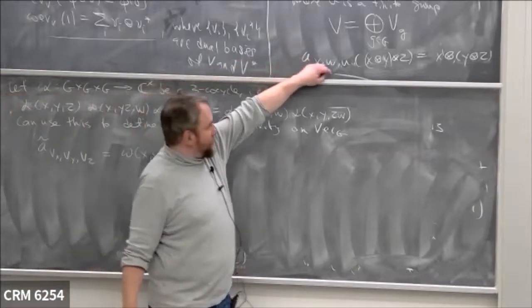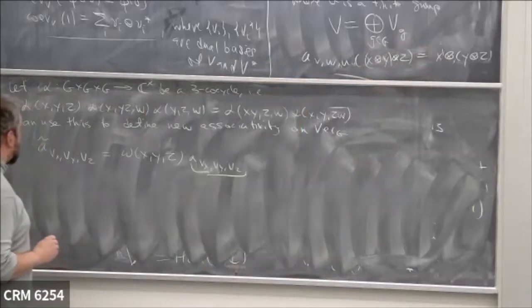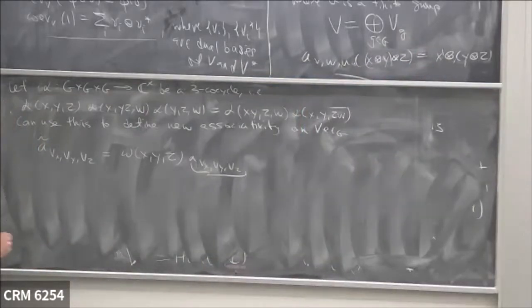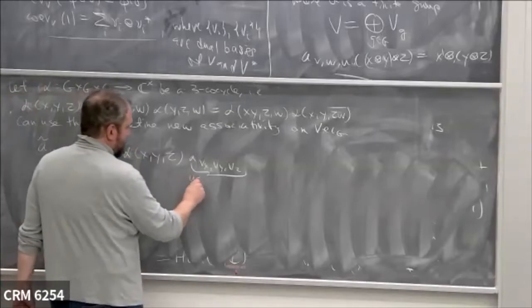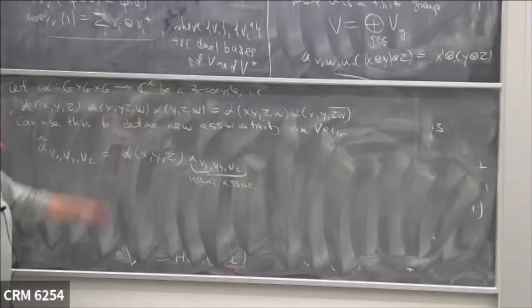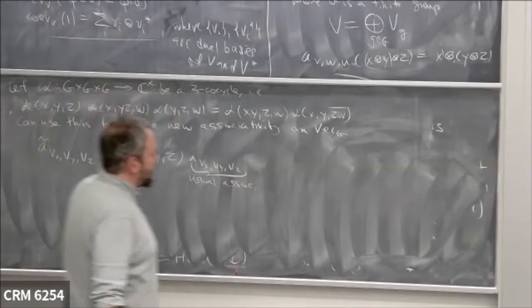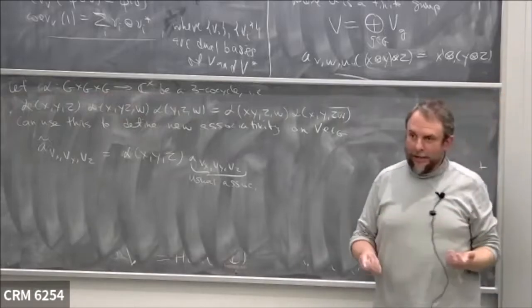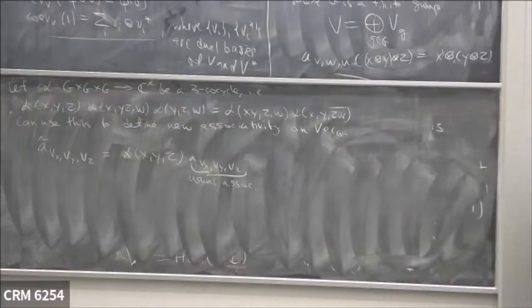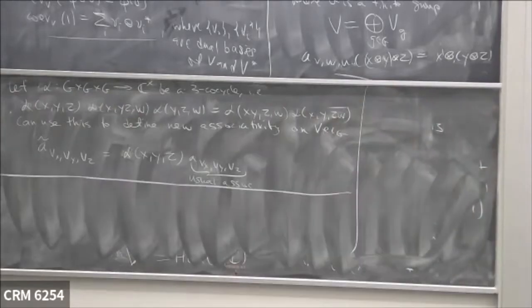In other words, I'm introducing here a scalar. It's alpha, yes, thank you. Alpha like this, and this is the usual associativity. Immediately it follows that this cocycle equation translates into the pentagon diagram. That's a good way to think about what's going on. That's what we are generalizing here. So we can think of this as non-commutative cohomology.